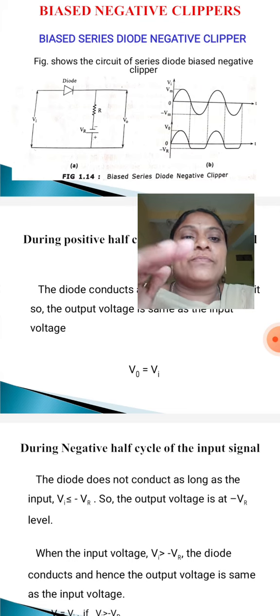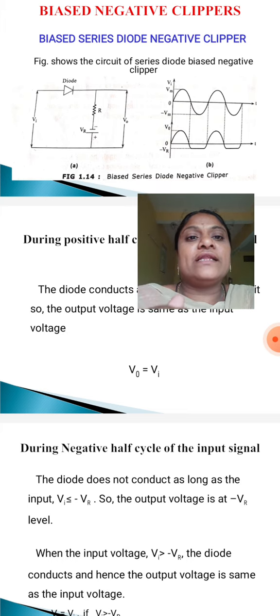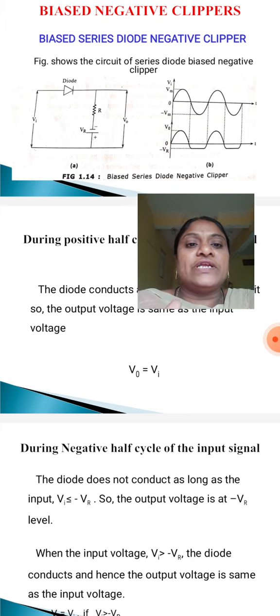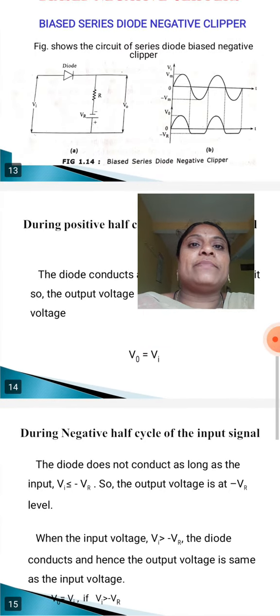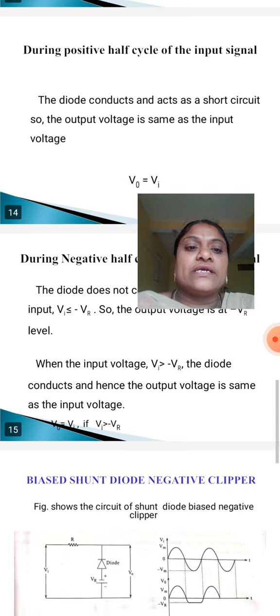The positive half cycle forms as usual, and in the negative half cycle the waveform forms up to VR, and after VR it is clipped off. So this is the biased series diode negative clipper.